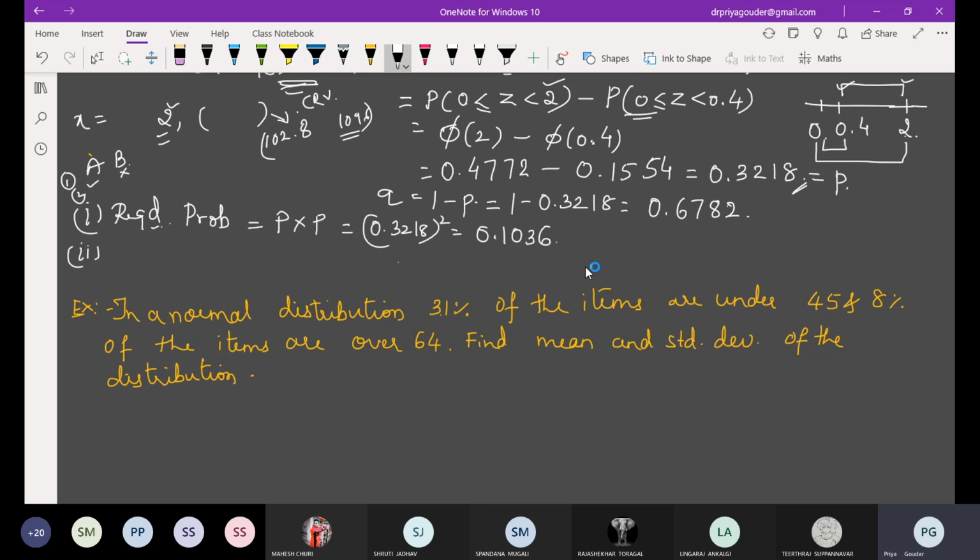What is the second one? If A is not having, let it be, but then B should have, because at least one of them. Am I right? Any other possibility?